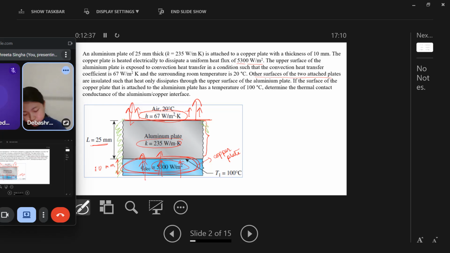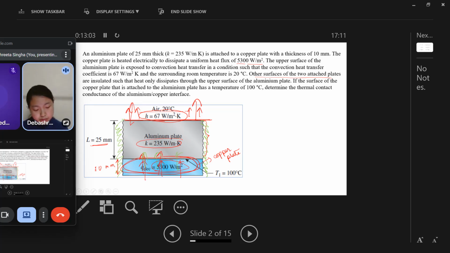This is insulated, this is insulated, and on top and below it's all insulated. Only at the upper and lower surfaces is heat transferred. So whatever heat the electric power is generating in the copper plate, that heat itself is getting conducted to the aluminum plate.